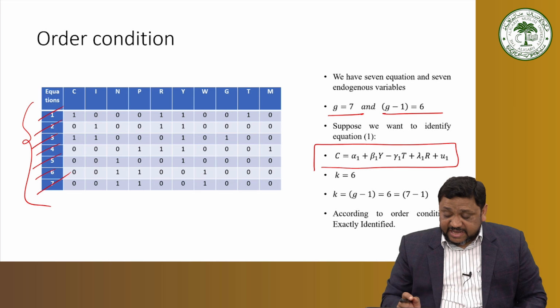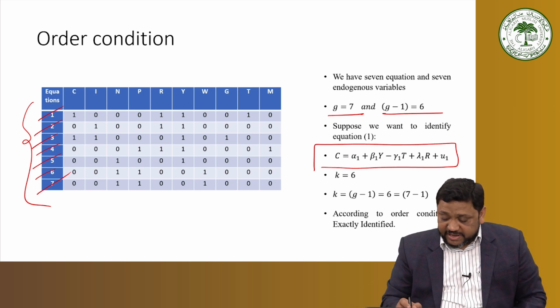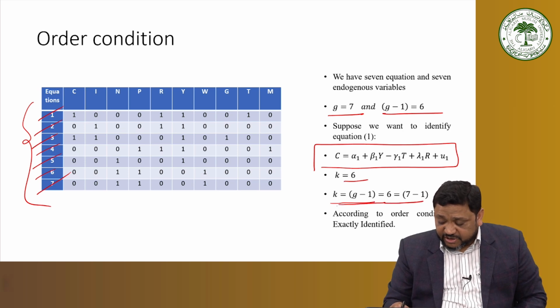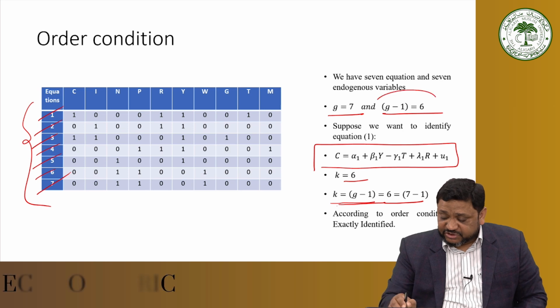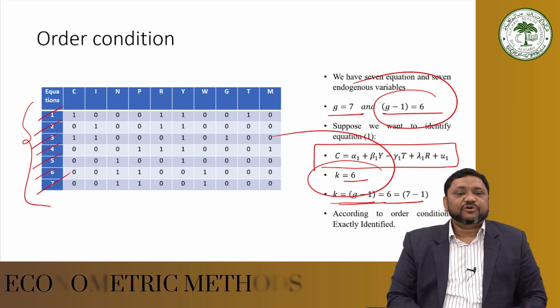How many K's are there? K is equal to 6, and G minus 1 is also equal to 6. So here G minus 1 is 6 and K is also equal to 6.